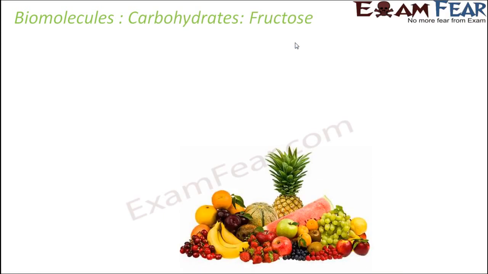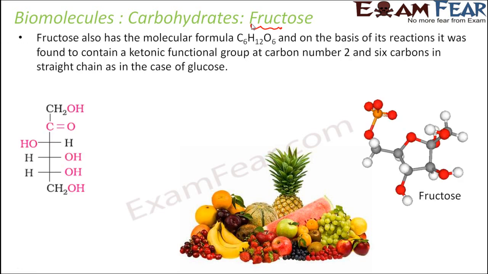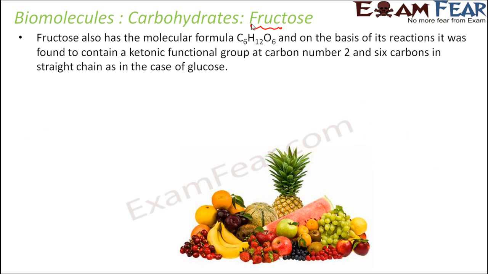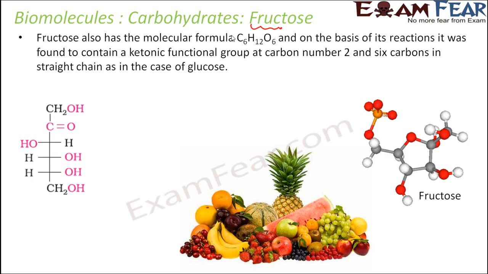Let us now talk about the next very common monosaccharide, that is fructose. The name fructose has been derived from fruits. Fructose also has a molecular formula of C6H12O6, which is the same as glucose, and on the basis of its reactions, it was found to contain a ketonic functional group.